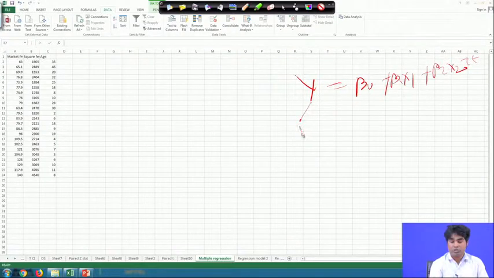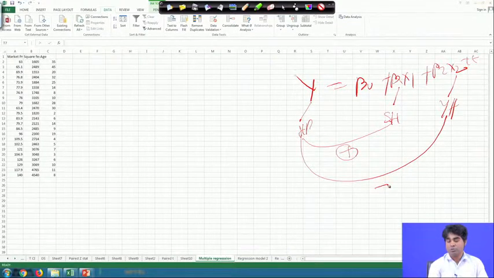This is the housing price, this is the size of the house, and this is the years of the house. So for this and this we expect a positive relationship, and for this we expect a negative relationship, and between these two we expect no relationship.